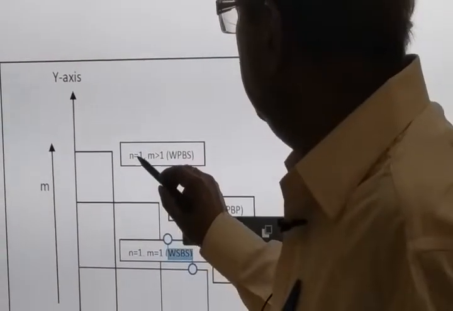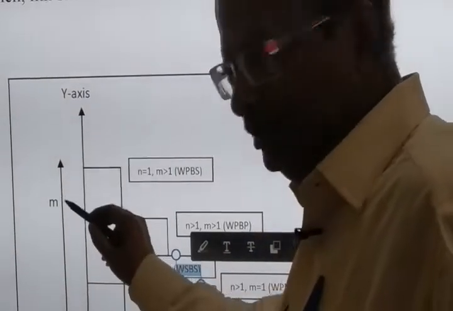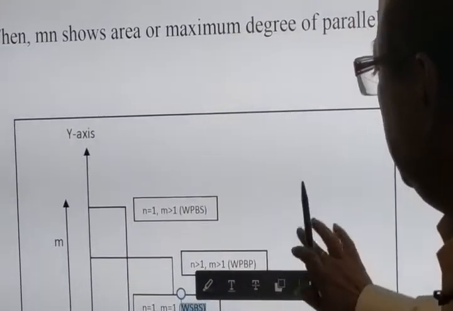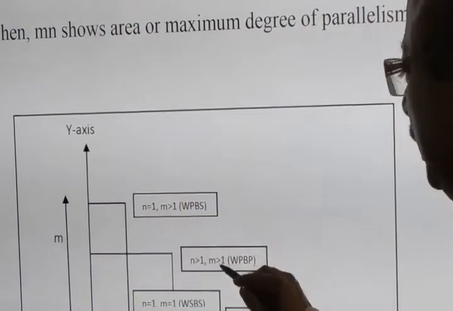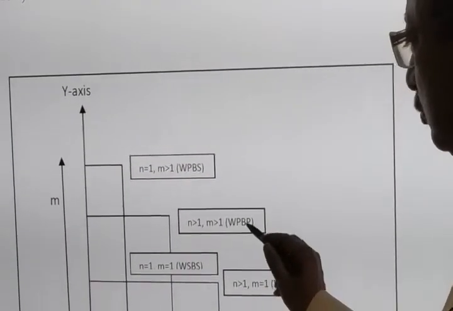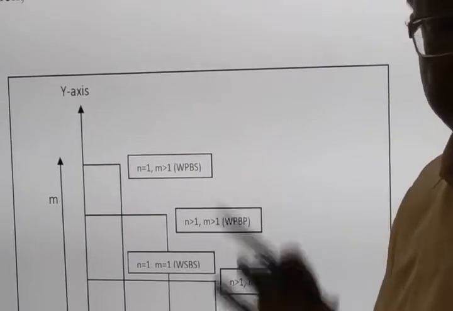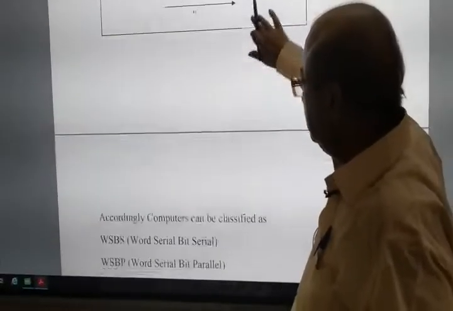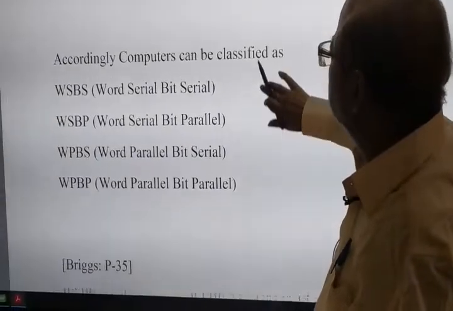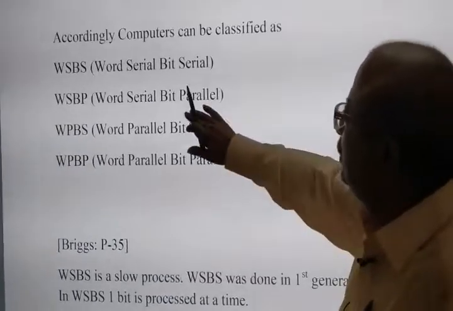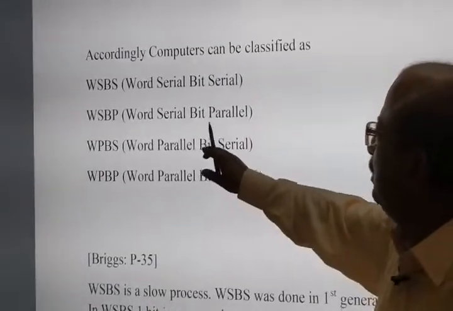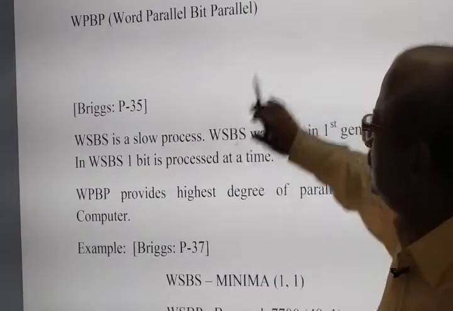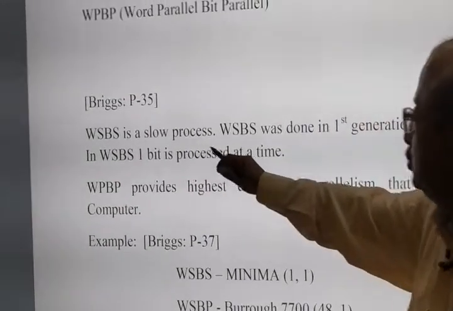Here n is equal to 1, m is greater than 1, word serial, bit parallel, as you can see from the graph. And here m and n both are greater than 1, word parallel, bit parallel. This is the fully parallel computer, and these are the examples. Accordingly, computers can be classified as word serial, bit serial, word serial, bit parallel, word parallel, bit serial, and word parallel, bit parallel. So, as I told, word serial, bit serial is a slow process.